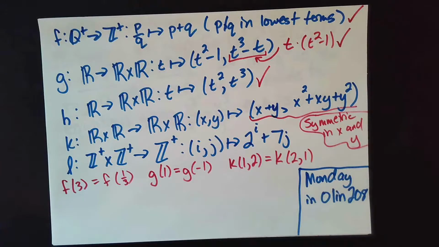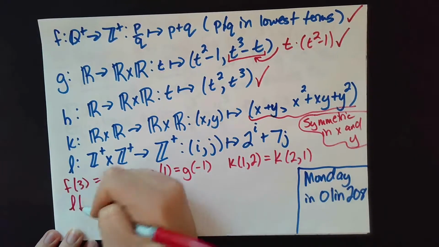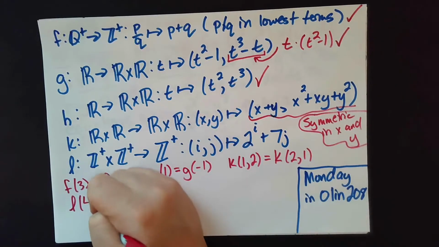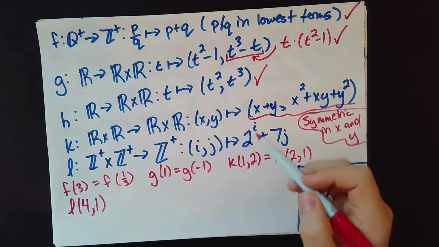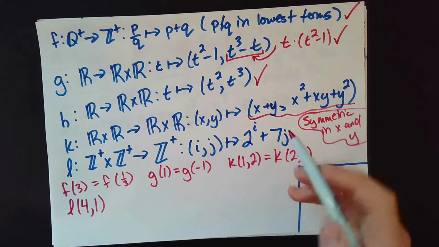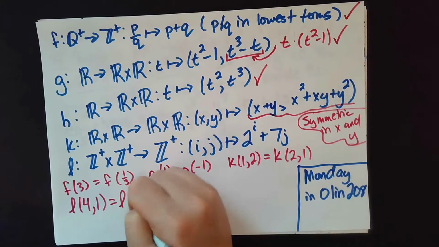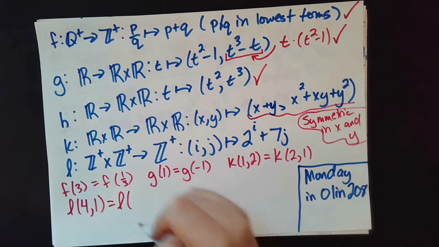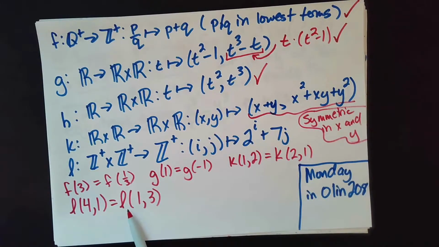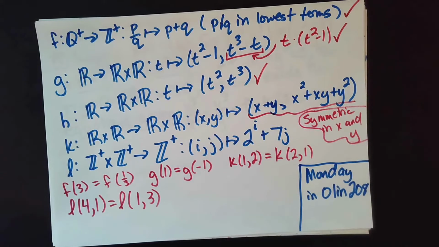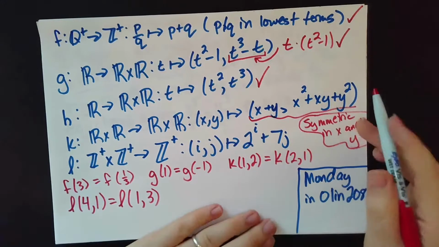That sounds right. So L of 4, 1 is 16 plus 7 is 23. And L of 1, 3 is 2 plus 21, which also is 23. And so that is another example.